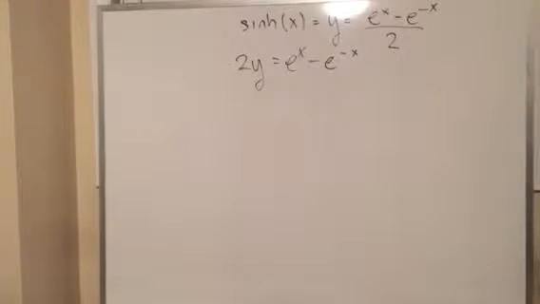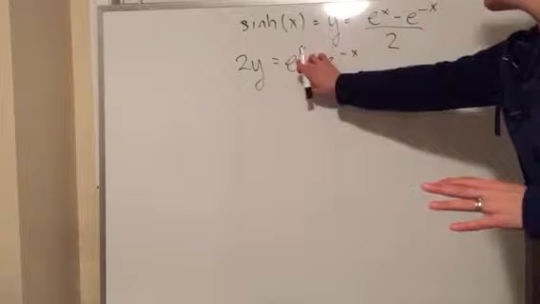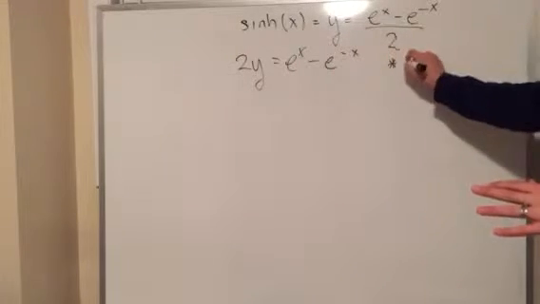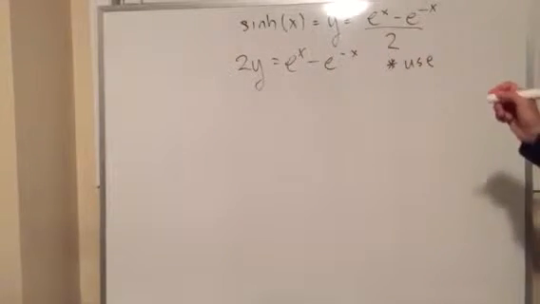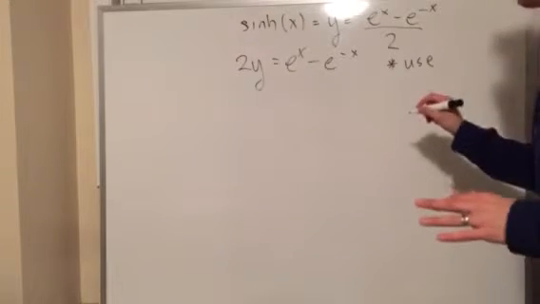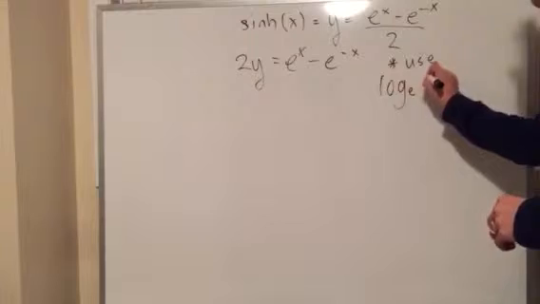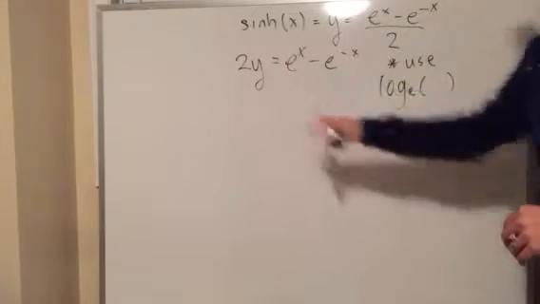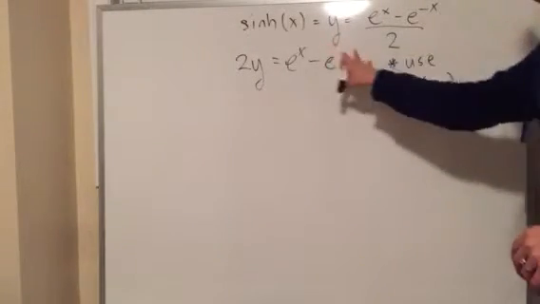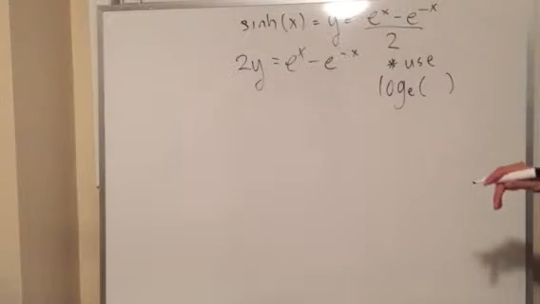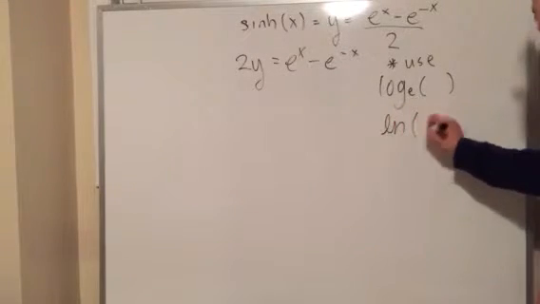But honestly, at this point, we have x's stuck up in the exponent, so you're going to have to use your most favorite inverse function ever, which is the logarithm function. It's going to be the log base e, because we have e's as the base of the exponent functions here. And we're going to call it ln, remember?